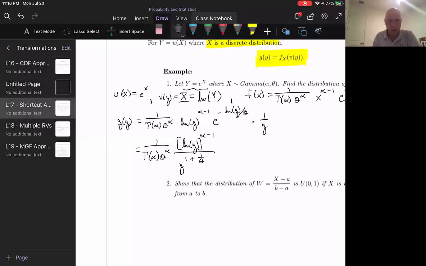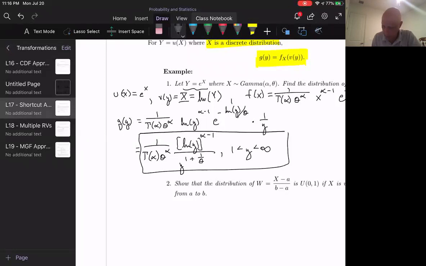And you end up with the same answer. And you should. If you do both of them right, you should end up getting the same answer. So it's a good check so that you could see that the method does actually work. And then of course your support is going from 1 up to infinity from the same reasoning that we did in the last handout. And that's how you apply the shortcut.